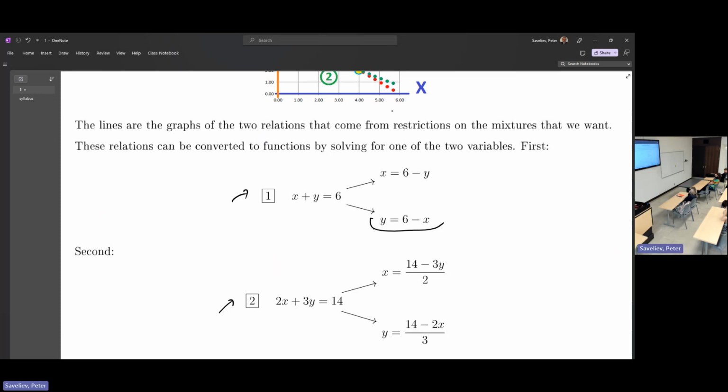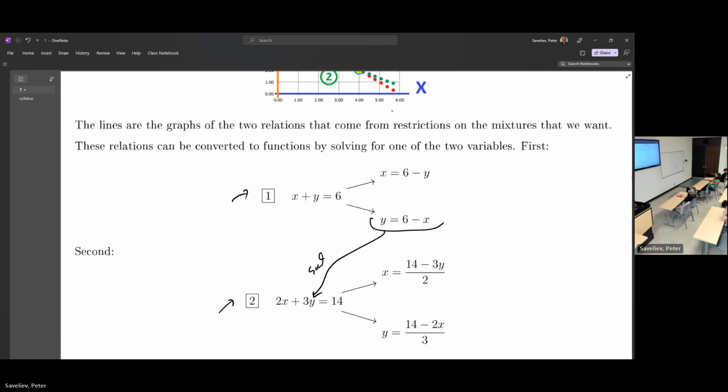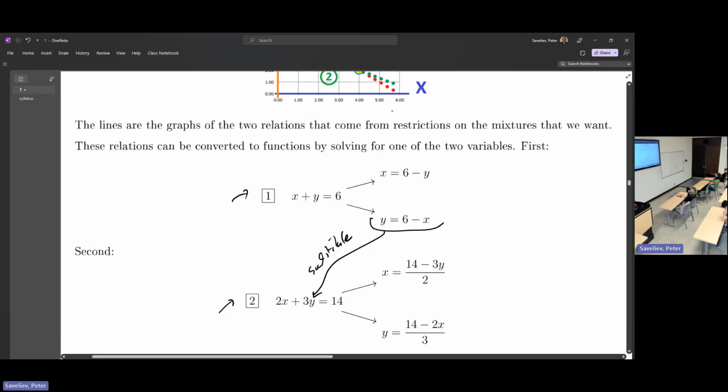How to solve the problem. So once again, two relations, you need to find x and y. One way to do it is to solve for y, and then substitute, like this, maybe here. But the crucial step is, what we usually say, solve for x.